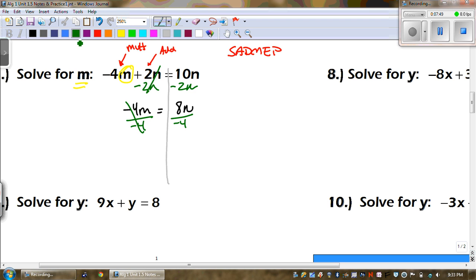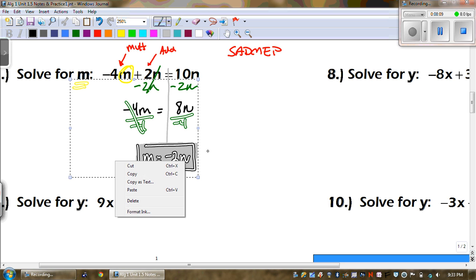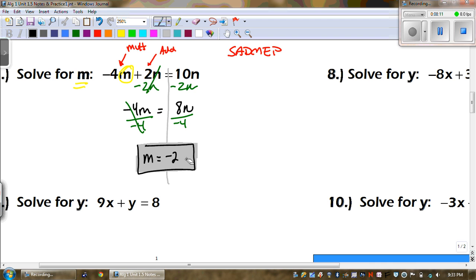The negative 4s cancel, and now we've got our answer of m equaling 8 divided by negative 4 is negative 2, and the variable's still there, so negative 2n. Okay, let's actually make that look like an n. There we go.